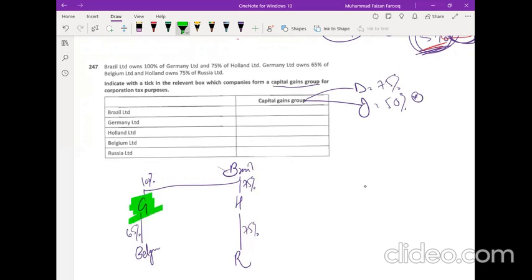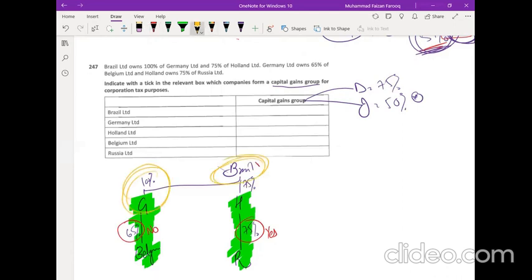First, we will see whether these indirect companies are in a 75% group or not. Holland and Germany are the direct ones, so we will take Brazil, Germany and Holland. Brazil is okay, Germany is okay, Holland is okay.